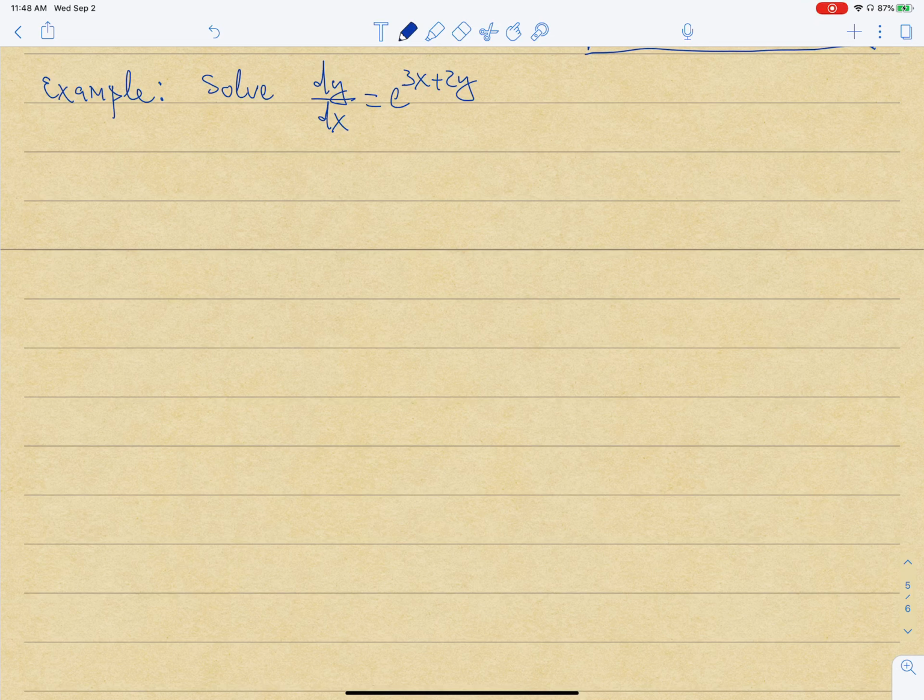Would this be a separable equation? Of course, yes, if we use properties of the exponential. What does it mean to have e to the 3x plus 2y? That's the same thing as e to the 3x times e to the 2y. So the equation is separable.